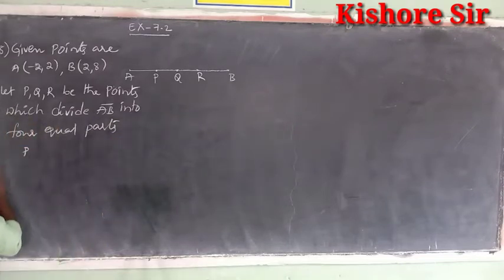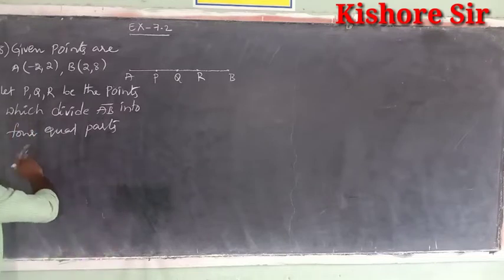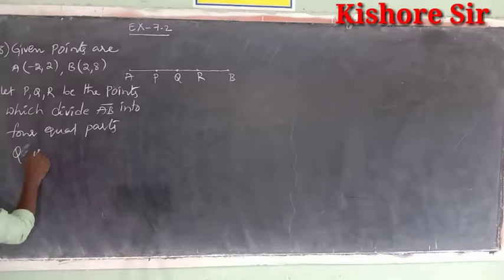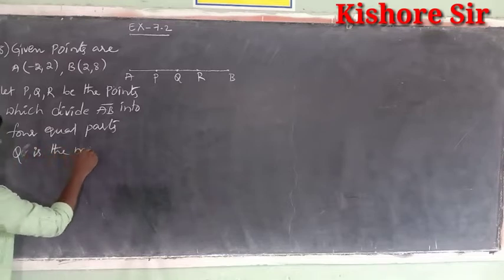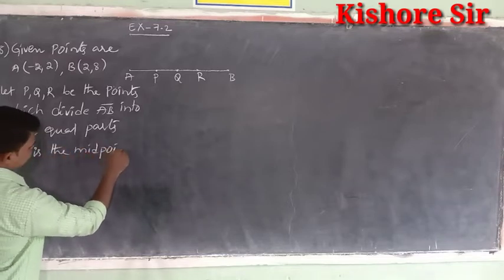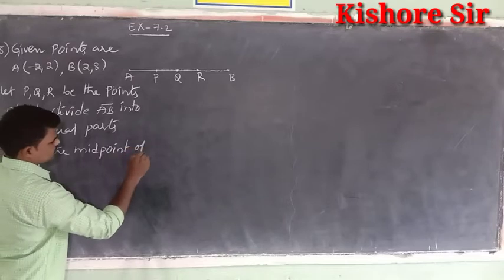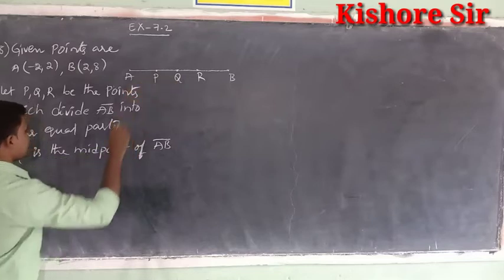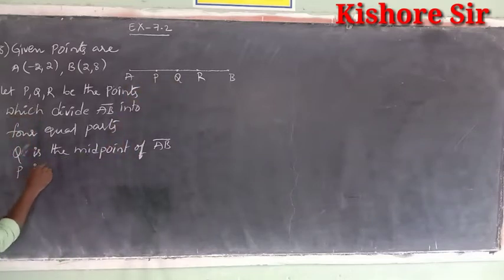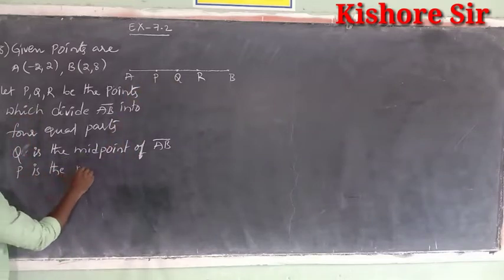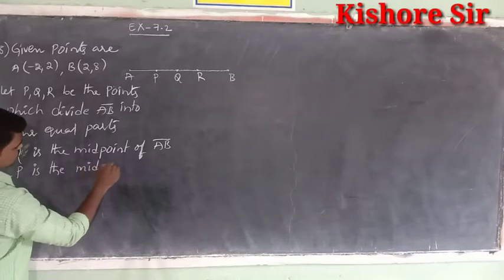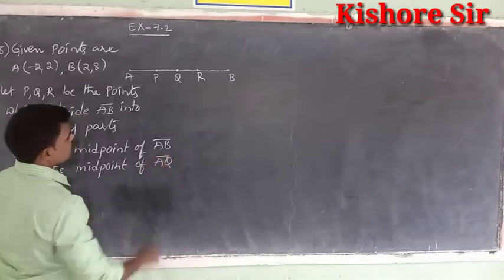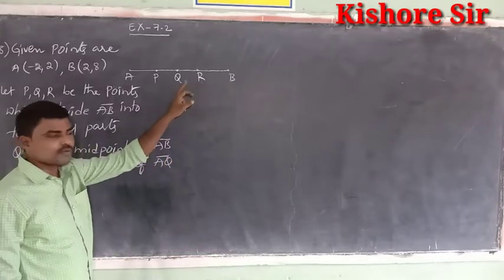So first, Q is the midpoint of AB. P is the midpoint of AQ, and R is the midpoint of QB.